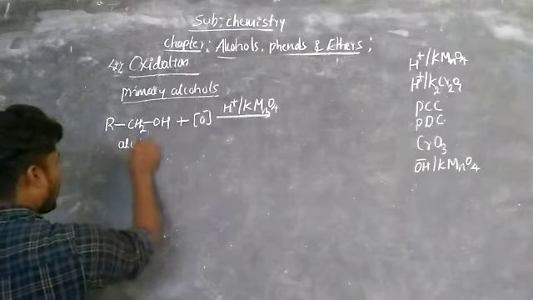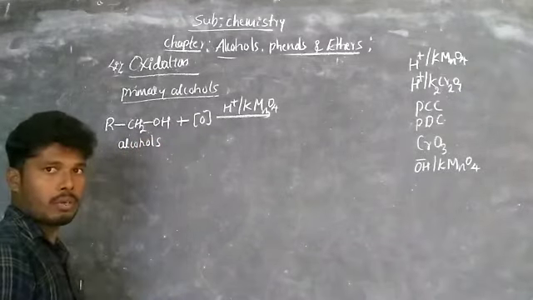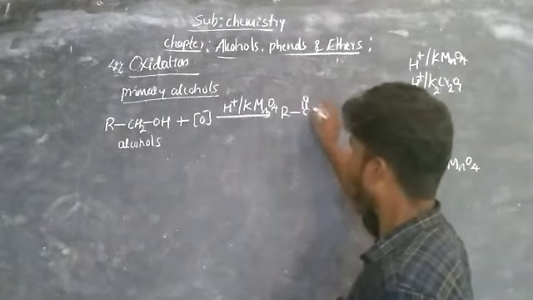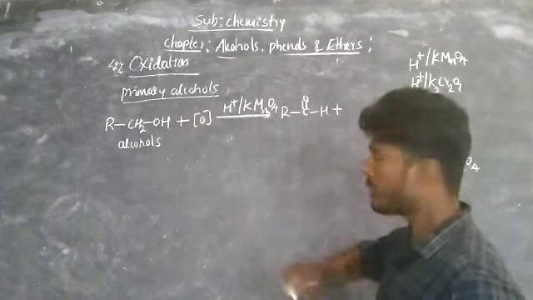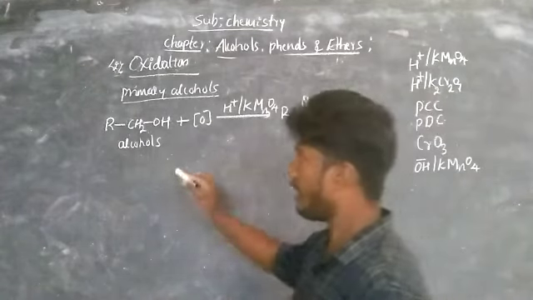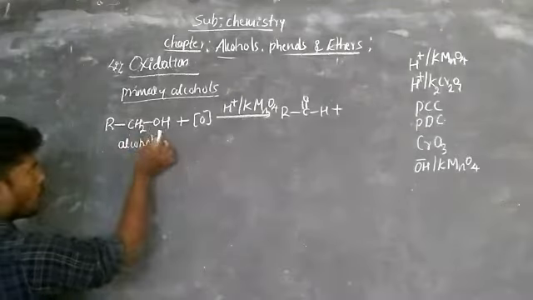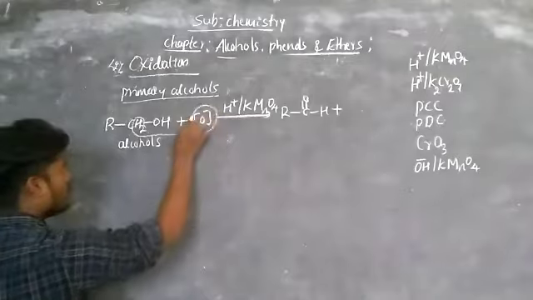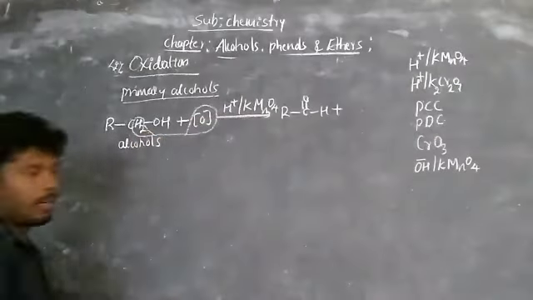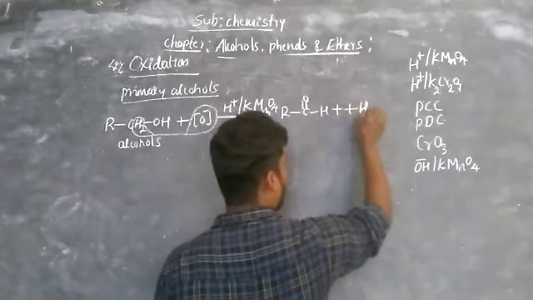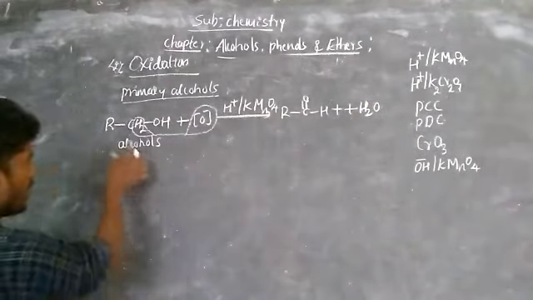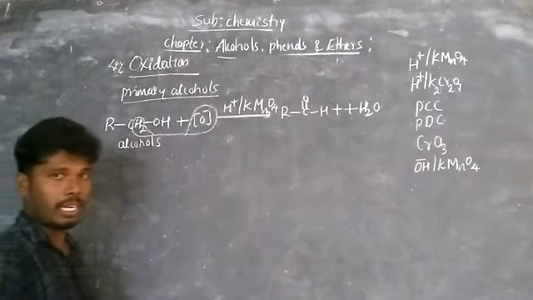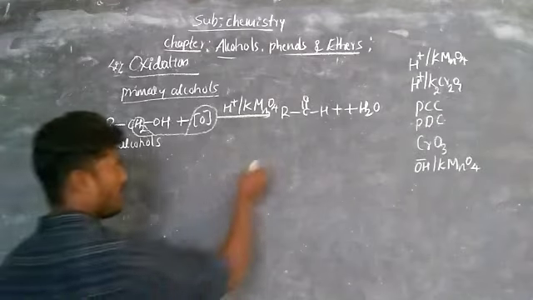Primary alcohols always give aldehydes. So an aldehyde is R-C=O-H. Here these two hydrogens and this oxygen become water, H2O. You get RCHO, that is R-C(=O)-H. You get the aldehyde.